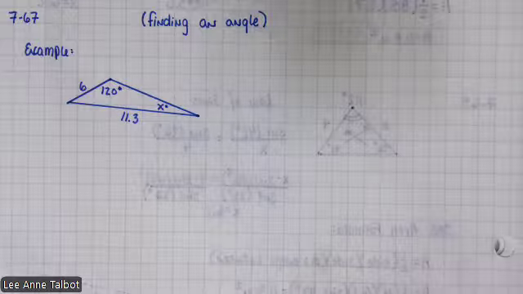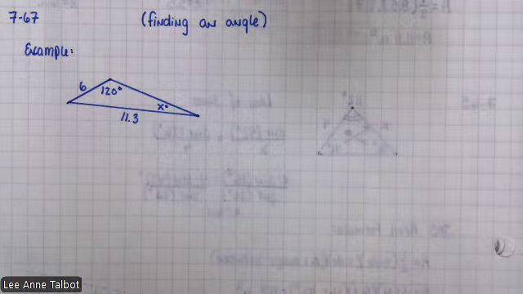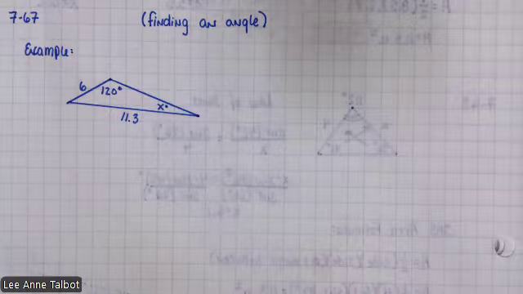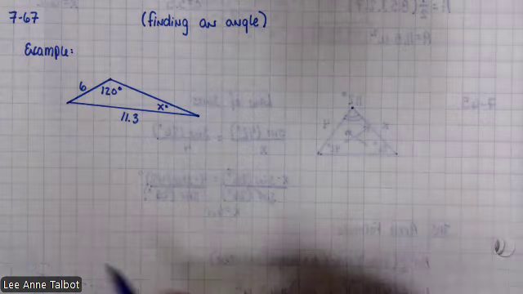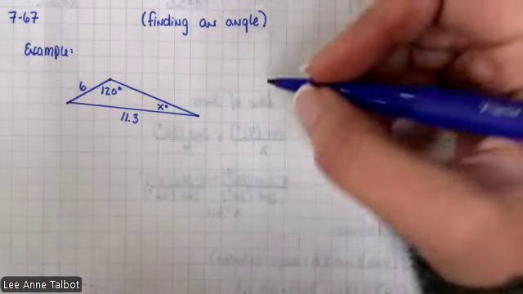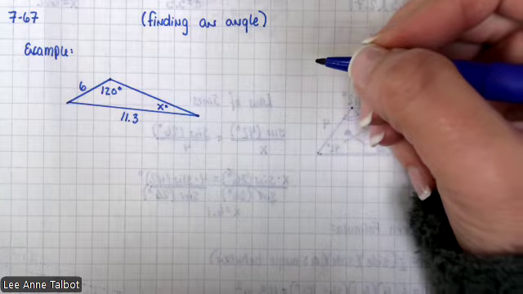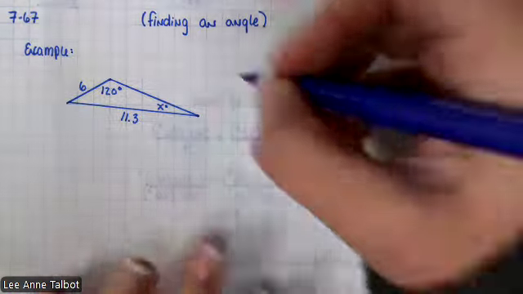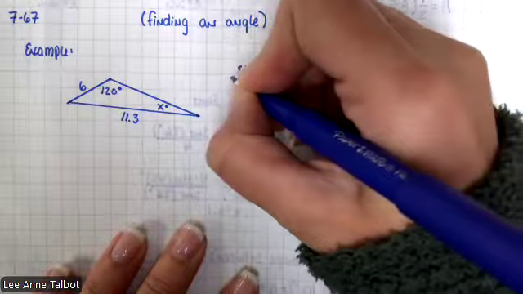Okay, and get your calculator at the ready. Okay, give me an angle in this triangle. Any angle. Great. Sine of x.